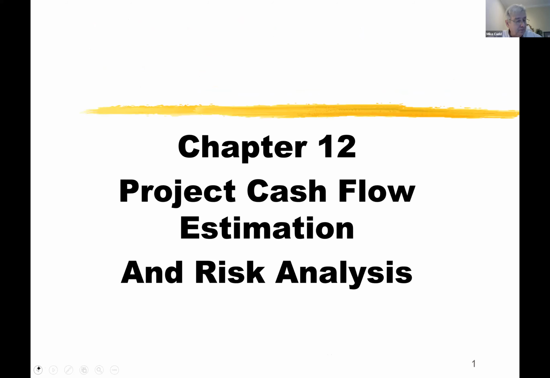Project cash flow estimation and risk analysis. We do very little with risk, but it's part of the title. In fact, we do nothing with risk in this chapter. We basically are trying to come up with project cash flows.